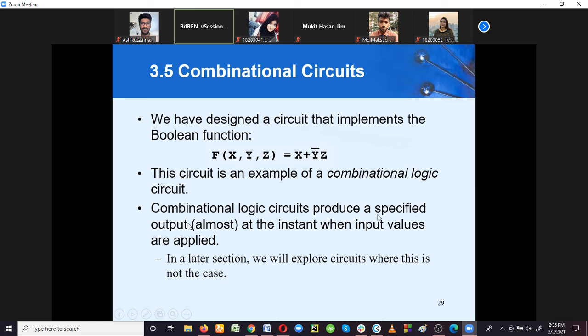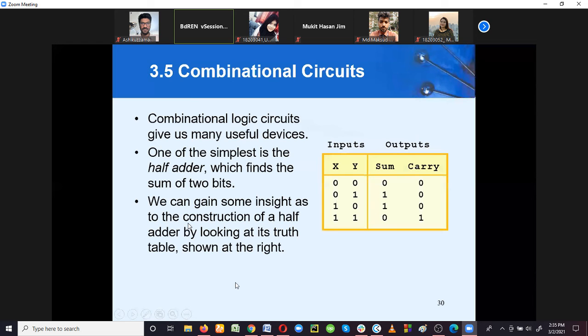Combinational logic circuits produce a specified output almost at the instant when the input values are applied. In a later section, we will explore circuits where this is not the case. Okay, so let's see. Combinational logic circuits give us many useful devices.